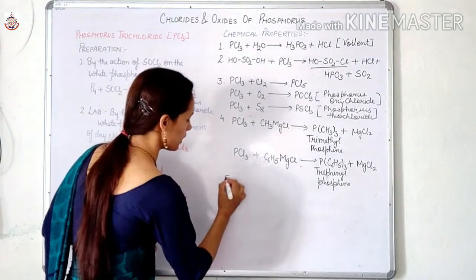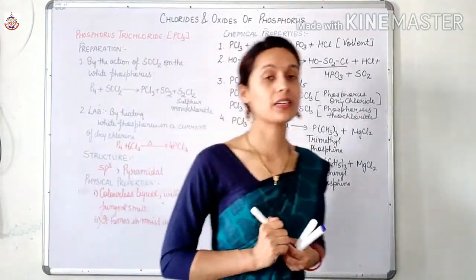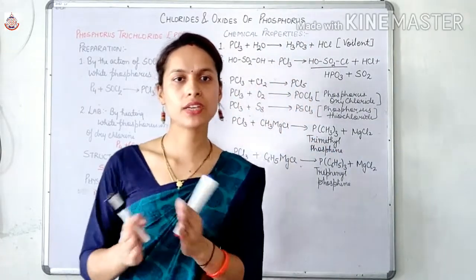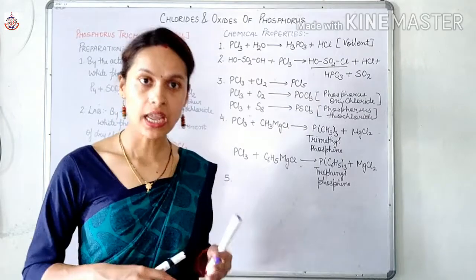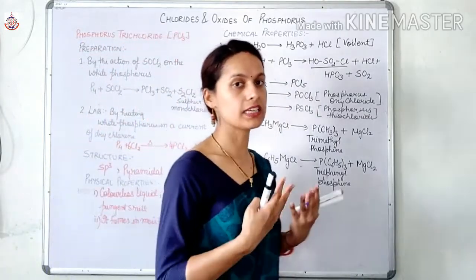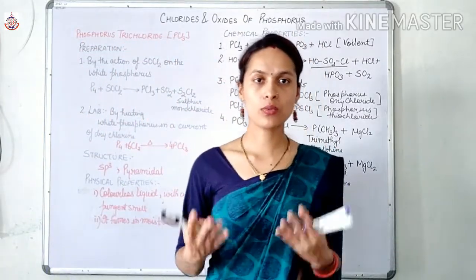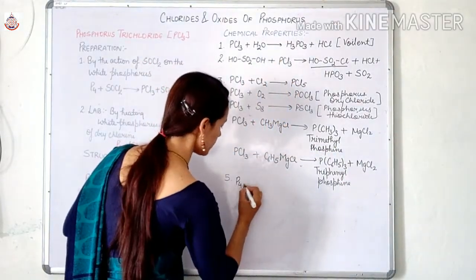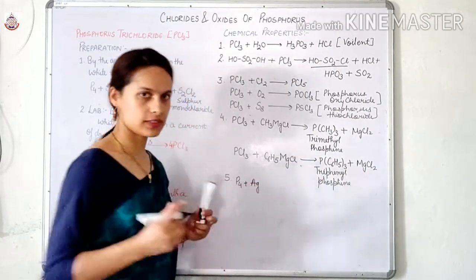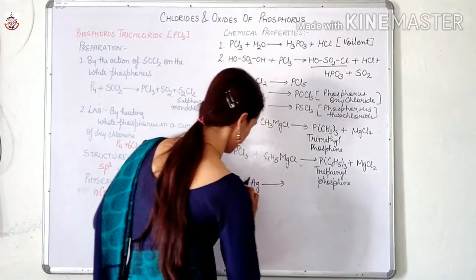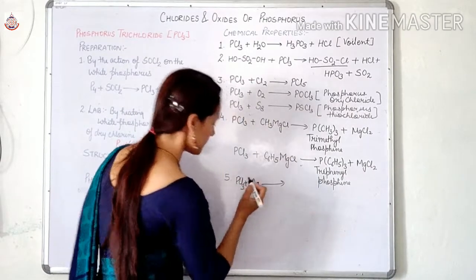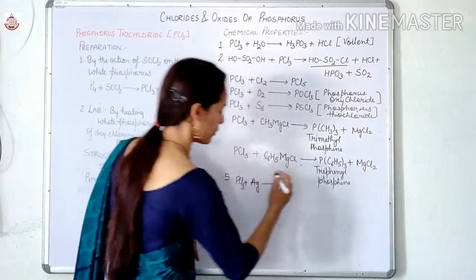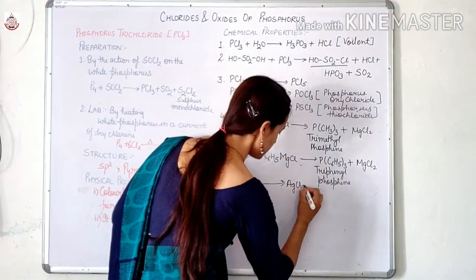Now the fifth one, it also reacts with finely divided metal, but on heating. The product obtained depends upon the nature of the metal with which it is reacting. Suppose PCl3 reacts with silver, which is a less reactive metal. So it forms AgCl plus P4.